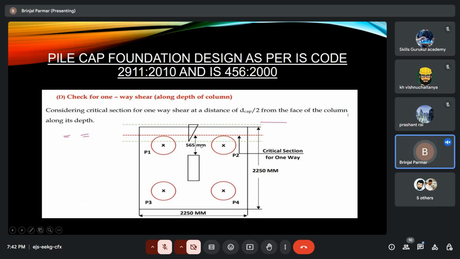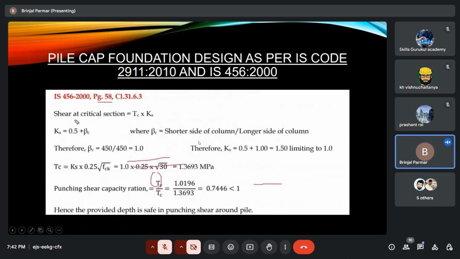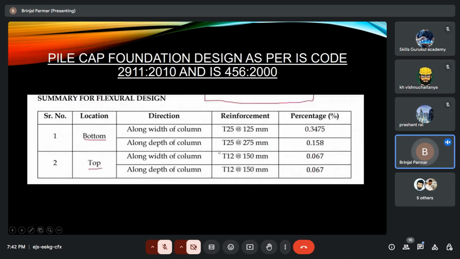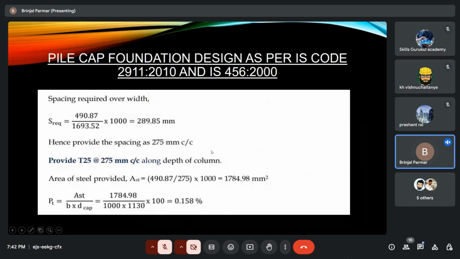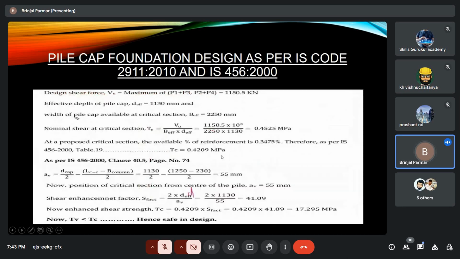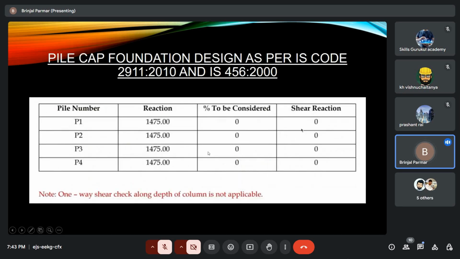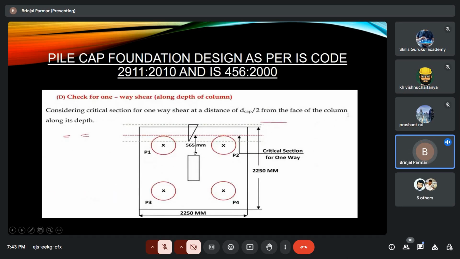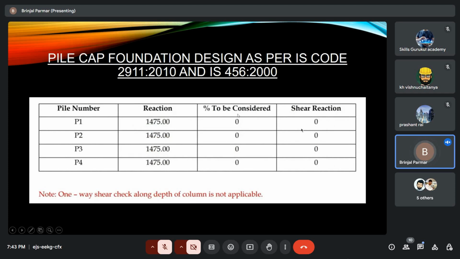So we don't take any reaction as per IS code. As per IS code, we take a percentage 00 and the reaction we got is 00.